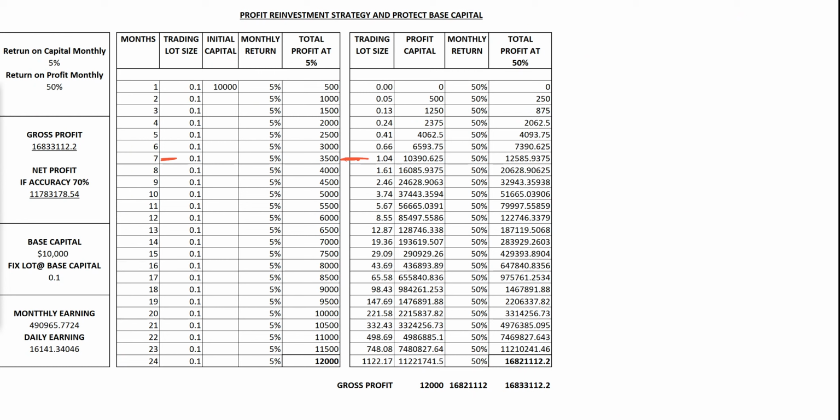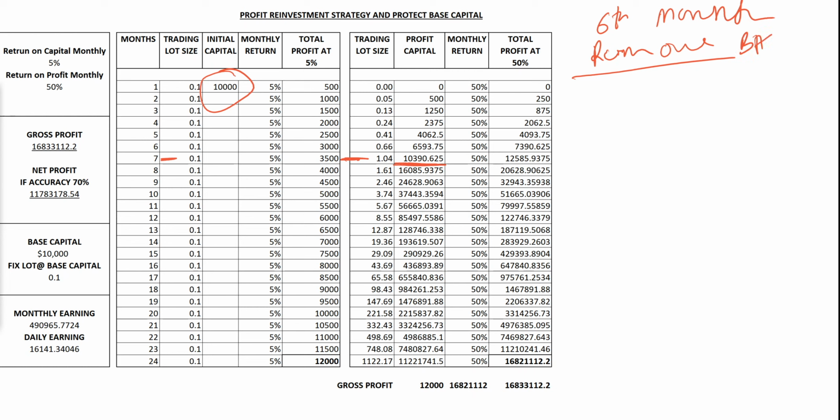So hope it's clear, the basic thing about the way we are going to diversify into the first and second MT4 account. And in the second MT4 account, the same way we are increasing the lot size, as you can see, to increase your return 10 times higher.